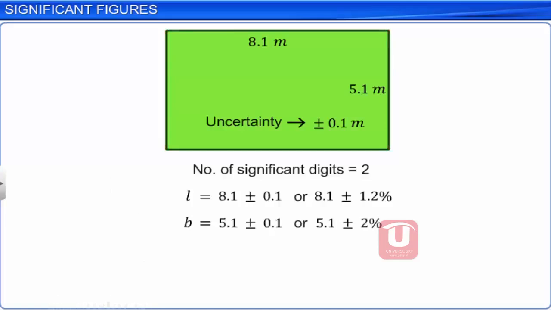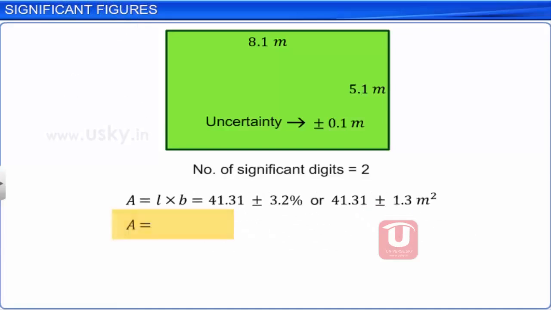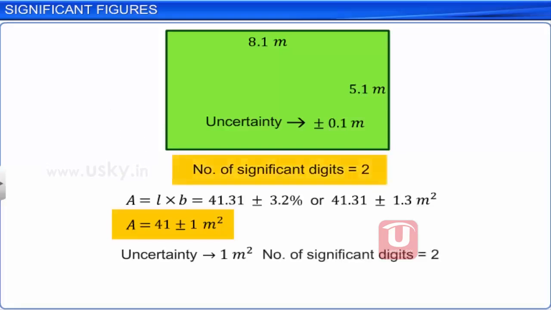Hence, using the combination of errors rule, the area of the field calculated as the product of these two quantities would be 41.31 plus or minus 3.2% or 41.31 plus or minus 1.3 square meters. We can report this as 41 plus or minus 1 meter square. Here, 1 square meter is the error in the result.